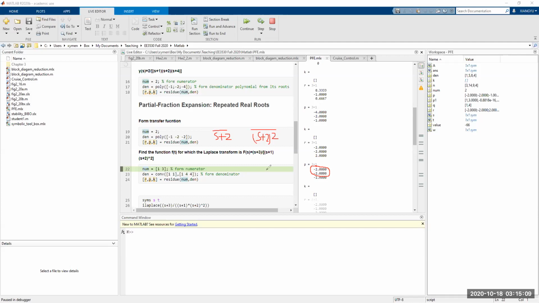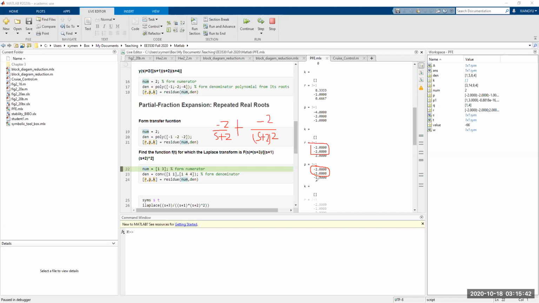This is a different part from the real roots, but distinct. When there are repeated real roots, one of them is s plus 2, and the other needs to be (s plus 2) squared. So the coefficients for them are -2 and -2.